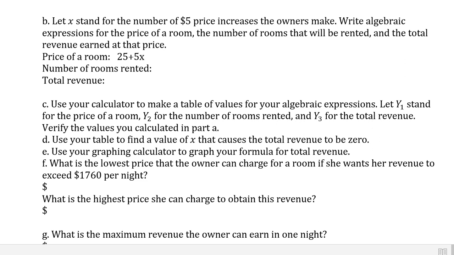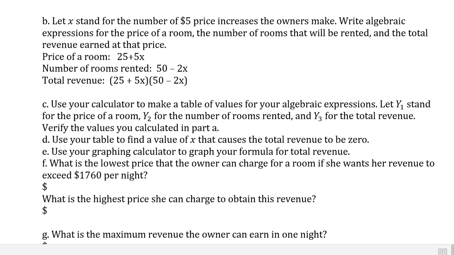And then the number of rooms rented, well, that started with 50 rooms, but that was decreasing every time there was a price increase, and it decreased by 2 every time, and so that's going to be minus 2x. And the total revenue is found by just taking the product. It's the price of a room, 25 plus 5x, times the number of rooms rented, 50 minus 2x.